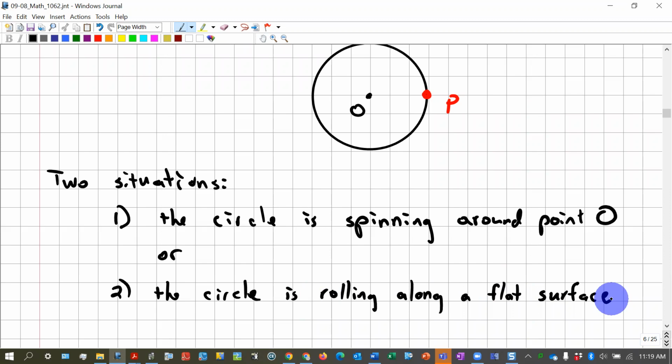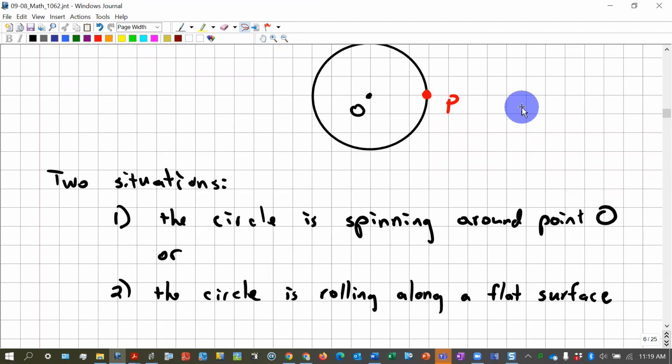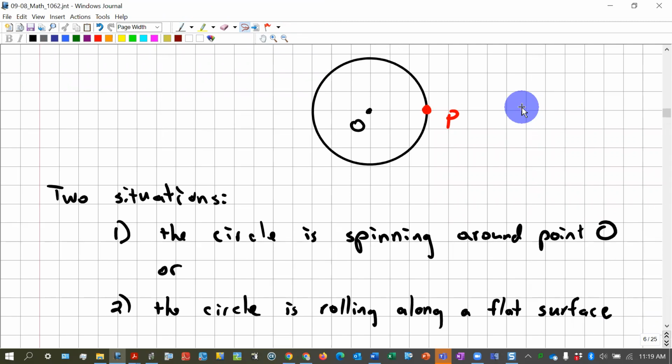So either it's just spinning right here, round and round, or we're riding our bike and it's going like this. Make sense? Okay. In either case, whichever way you think about it, once we turn the video on and we see the circle start spinning, point P is going to be spinning around the circle, right?